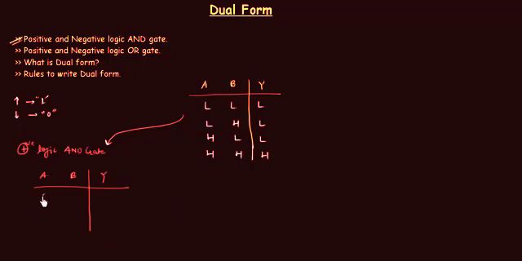Low is 0 in positive logic. So we have 0, 0. The output is 0. 0, 1, because high is 1 in positive logic. Output is 0. 1, 0, 0, 1, 1, 1. So this is the simple AND gate in positive logic, and we are going to use this table throughout this course. Now we will find out the negative logic AND gate.